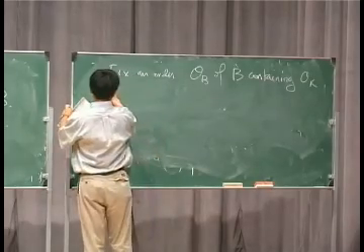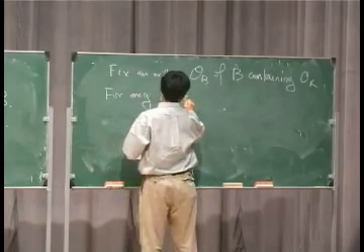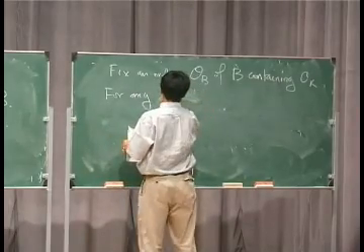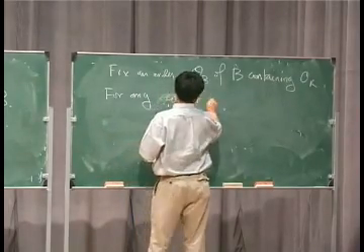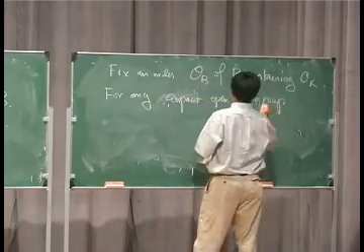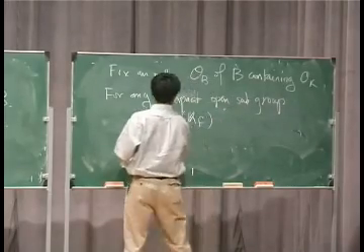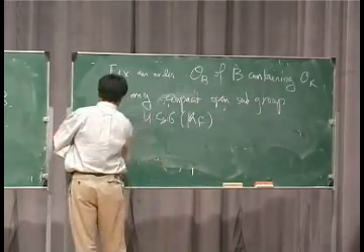Now for any compact open subgroup U of G of A_F, we will have a Shimura curve.